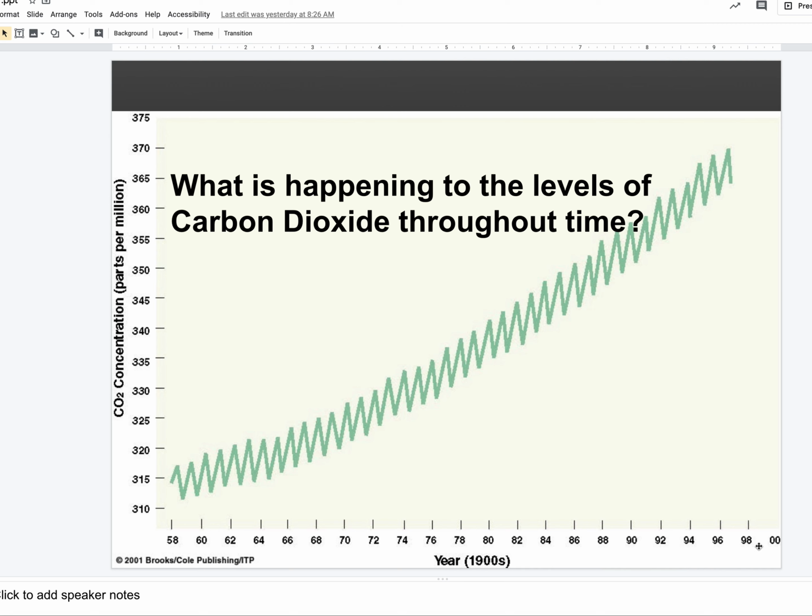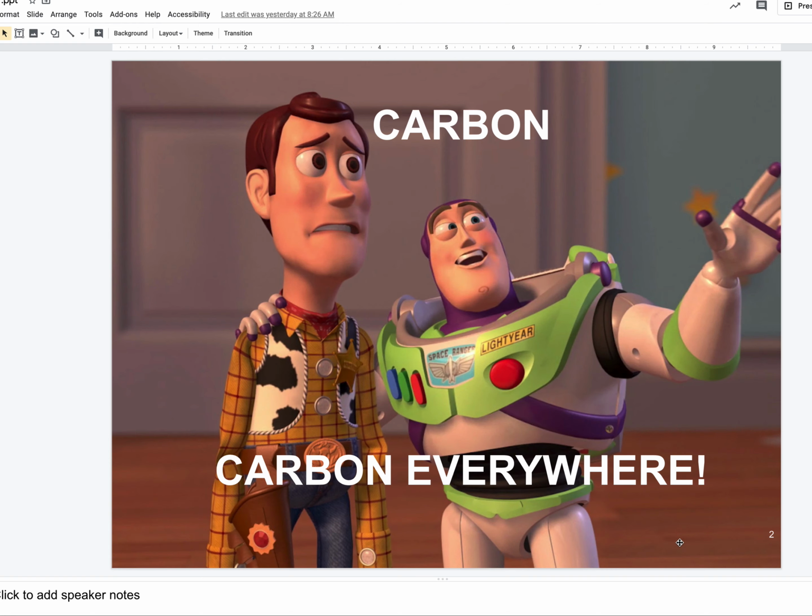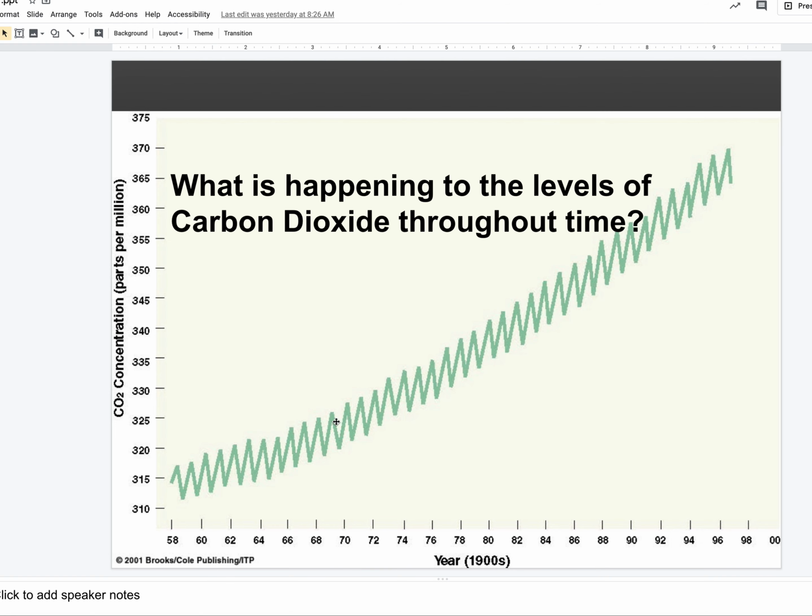And if you notice, all these numbers correspond to the years in the 1900s. So you read the title, and you can skip all the way to the bottom of the graph. It says 58, 60, 62, 64, 66. So that's 1958, 1960, 1962, all the way to the 2000s.